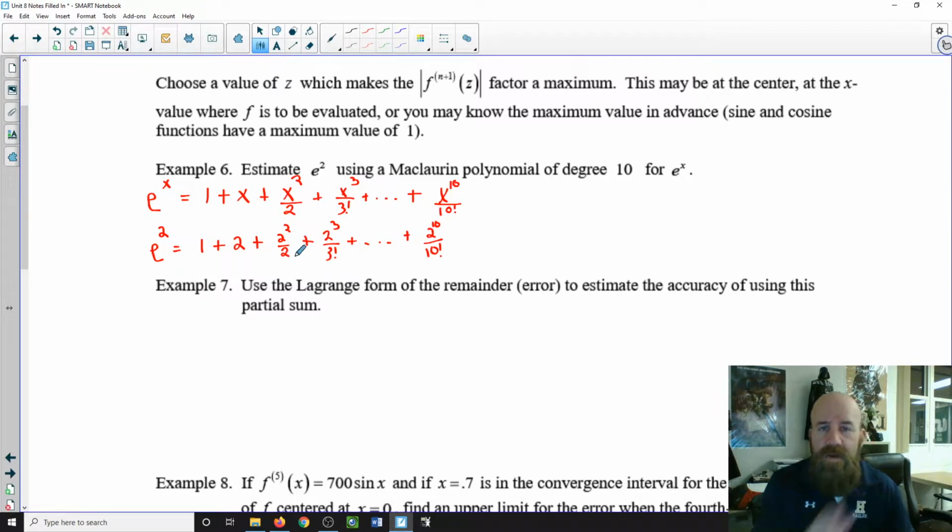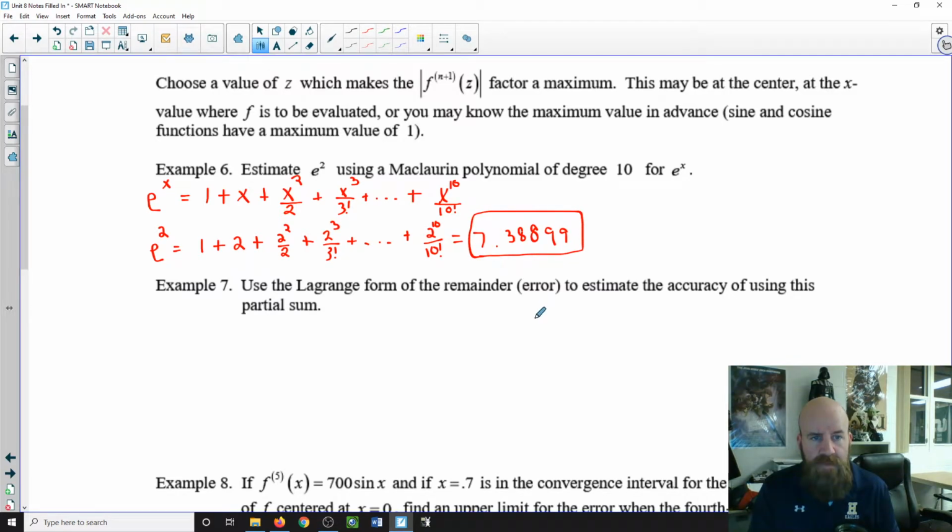I just wrote it out this way because it is a repeating pattern. If we calculate this, we get 7.38899. It's adding all these terms together. It's a little pain, but it's not too bad. So that's what our estimate is.